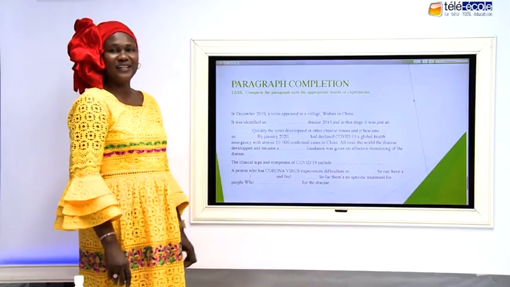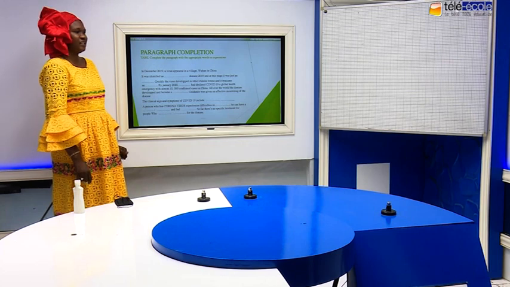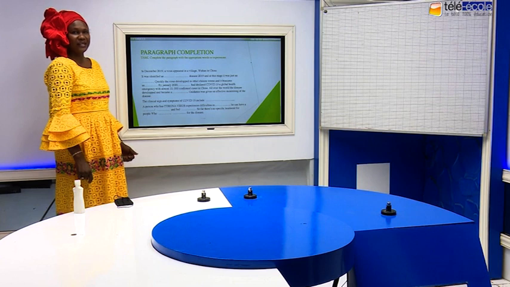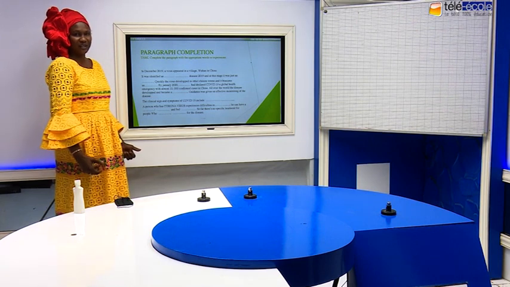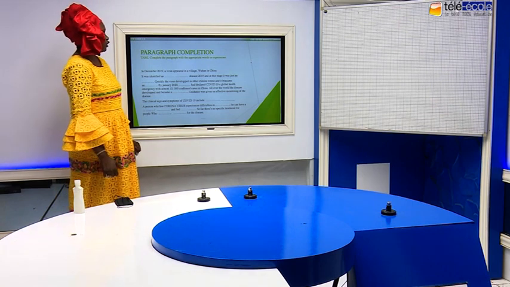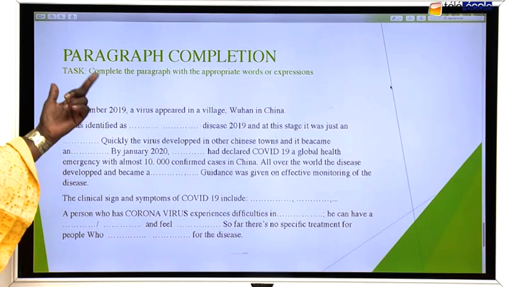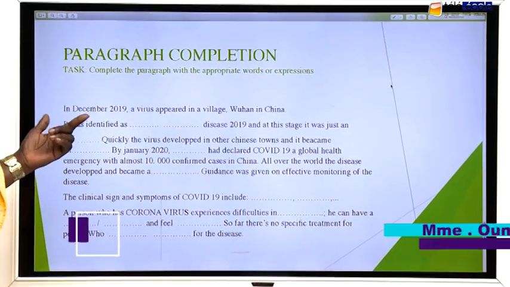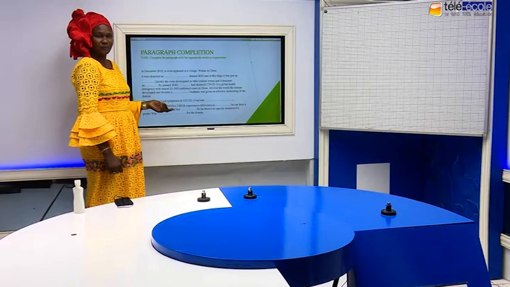Now, we are at the end of our presentation. Now, we are going to see if you've understood the words and expressions you can use to talk about coronavirus. We've got two exercises. The first one is a paragraph completion. The task is complete the paragraph with the appropriate words or expressions.